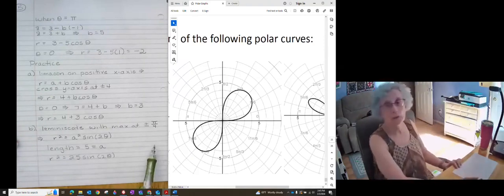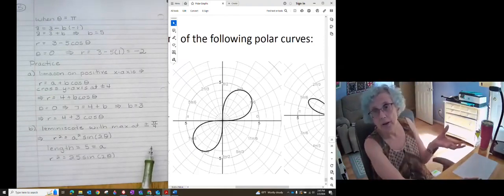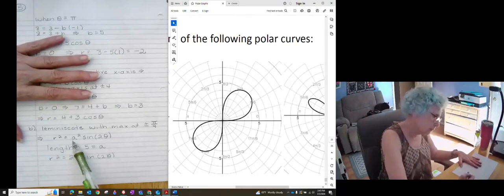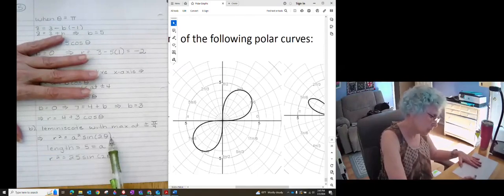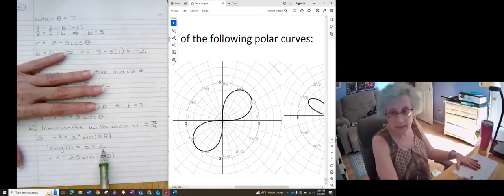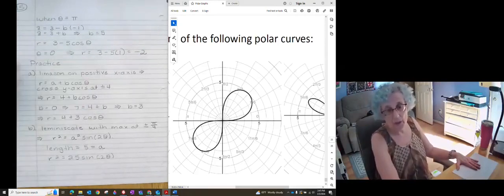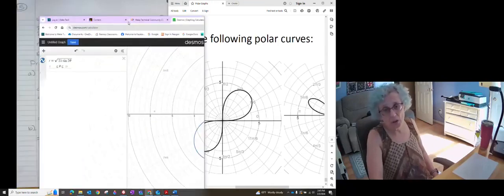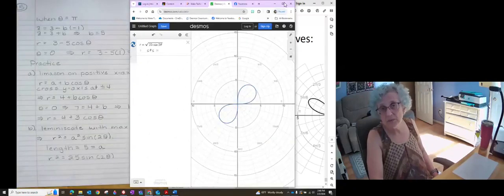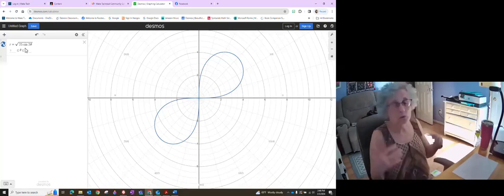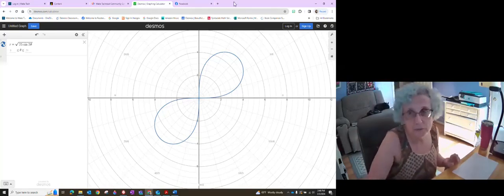If it were at 3 pi over 4, then you would need a negative sign. But it's at pi over 4, so r squared equals a squared sine 2 theta. Its length is equal to 5, so that's a, and r squared is 25 sine 2 theta. Now, if you want to check this on Desmos, you can't put in r squared equals 25 sine 2 theta. You have to do r equals the square root of 25 sine of 2 theta.